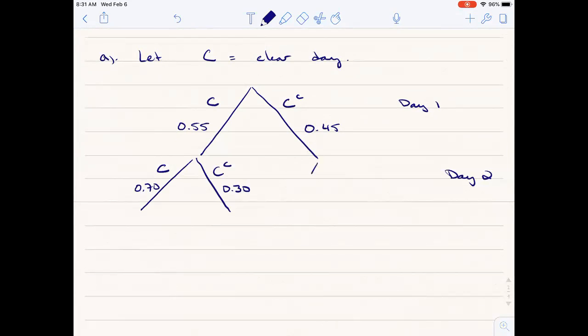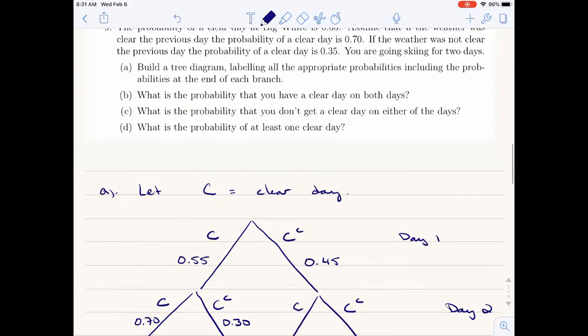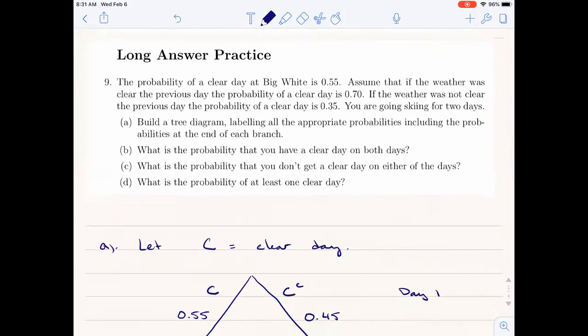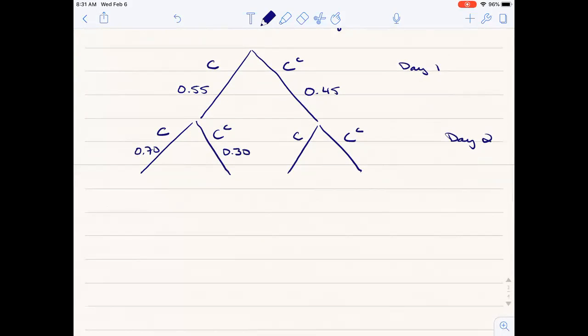And then same thing here, just different probabilities. If it wasn't clear on the first day, it's clear or not clear on the second day. With a probability, so if the weather is not clear the previous day, the probability of a clear day is 0.35. So 0.35 and 0.65.